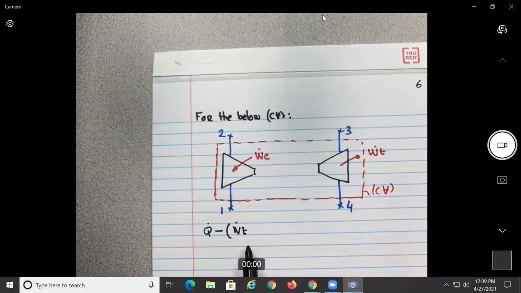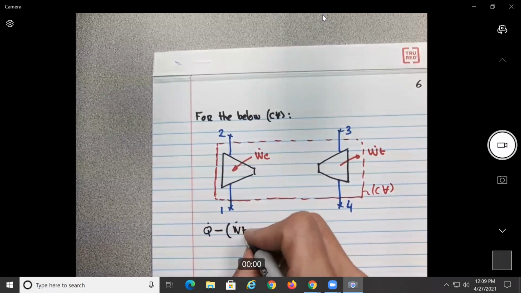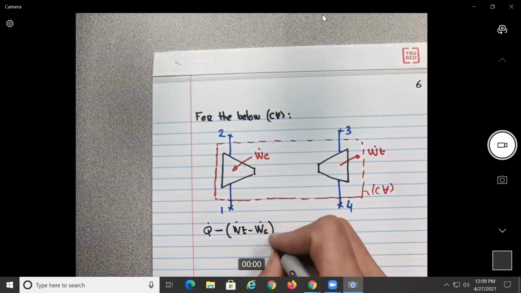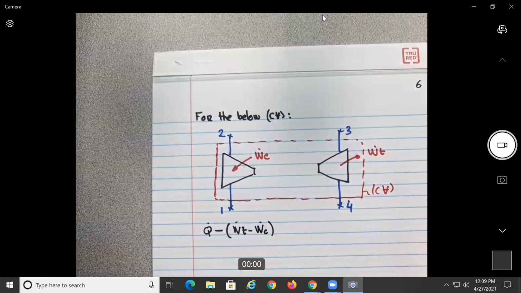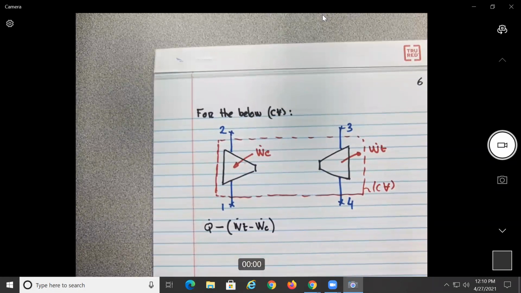Oh, it's good because we can do work turbine minus work compressor. So this one is coming in, this one is coming out. They should come positive. What should be the right order here? It's turbine minus compressor. Yeah, this is really the work of the cycle. Really is what we're looking for. Hopefully we get a positive value.